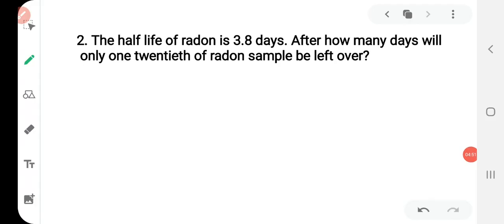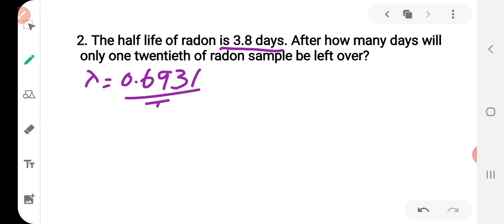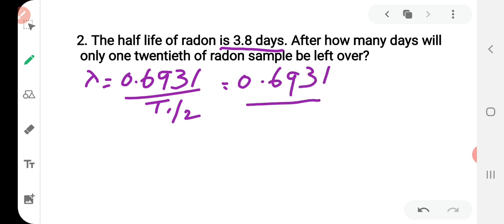Next question. The half-life of radon is 3.8 days. After how many days will only 1/20 of the radon sample be left over? So the same formulas, lambda is equal to 0.6931 by t half, that is 0.6931 by 3.8 days.